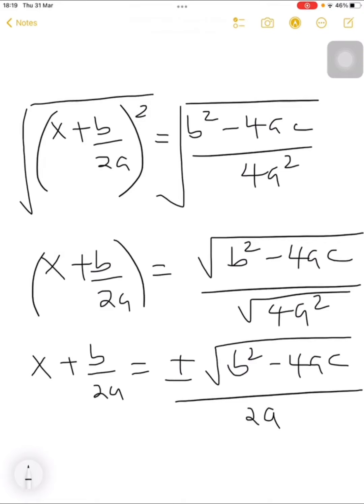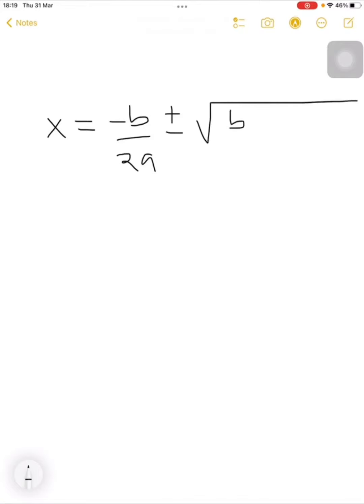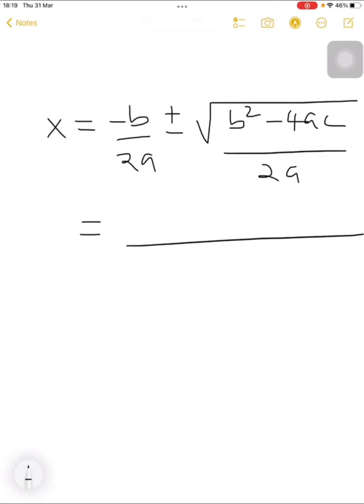Now we need only x on the left hand side and we have to take b divided by 2a to the other side, and we'll have x is equal to minus b all over 2a plus or minus the square root of b squared minus 4ac, all this divided by 2a. 2a is common, so we'll have 2a, then minus b plus or minus the square root of b squared minus 4ac.